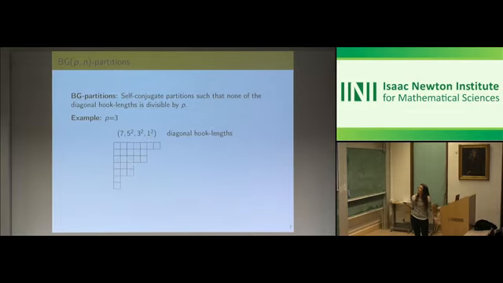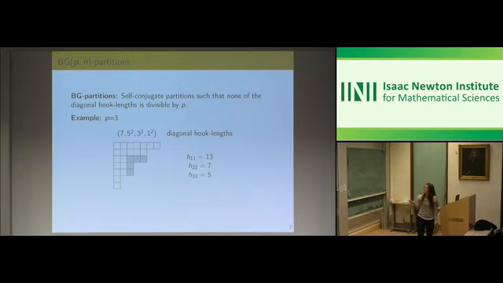And if I take p equals 3, we will see that the diagonal hook lengths, that is the number of nodes in a hook for which the corner node is on the diagonal. Here we have 3 diagonal hooks, and the lengths are 13, here we have 7 nodes, and here we have 5 nodes. So neither of them is divisible by 3, so this is a BG partition for p equals 3.